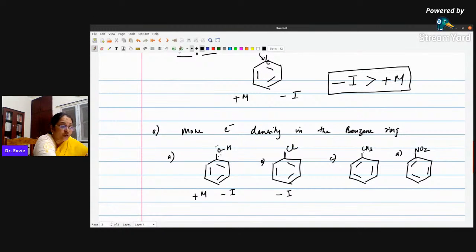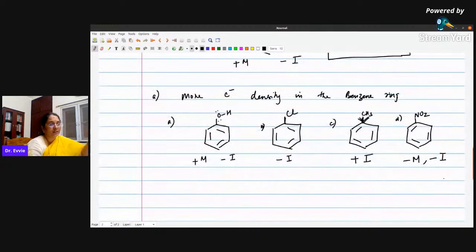Here you see, it's attached to CH3. What is that CH3? I've already told you it is an electron donating group. So this one will show plus I effect. And the last one, what is NO2? I told you it's an electron withdrawing group. It will show minus M effect and it will also show minus I effect.